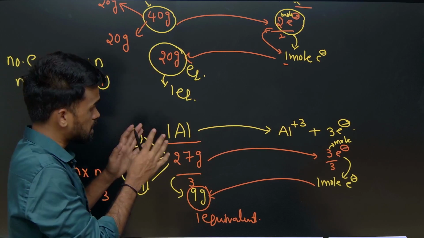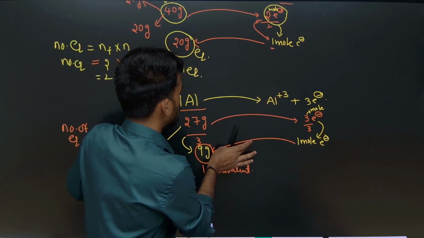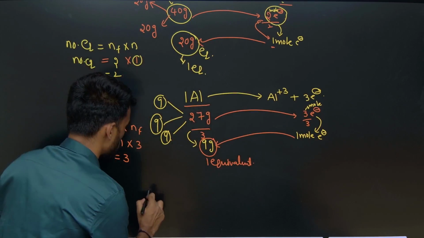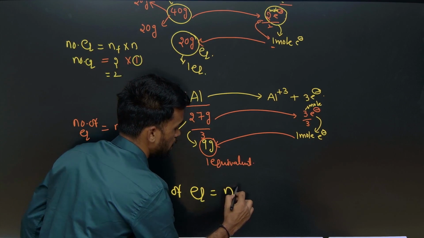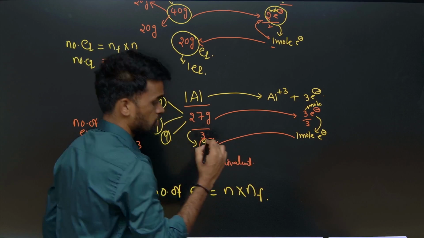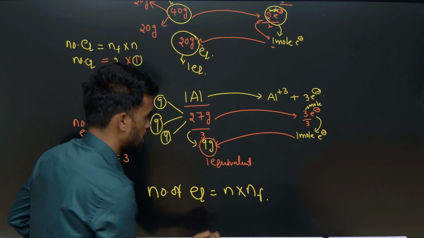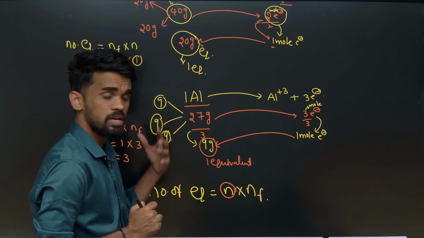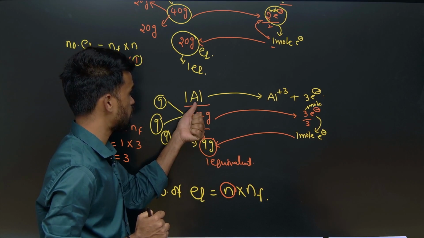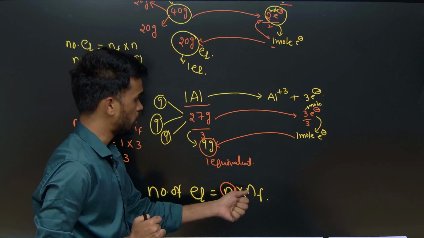So simply you can remember: number of equivalents equals n into n factor. What are n and n factor here? n means number of moles of that particular substance. So if I say 1 mole aluminum, you should take 1 into its n factor.